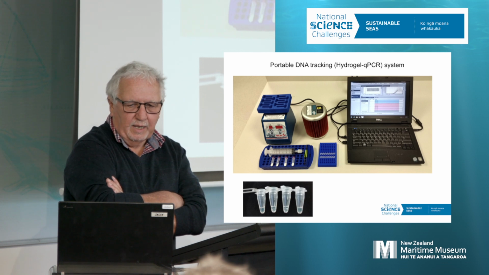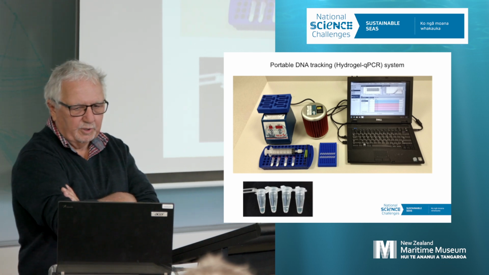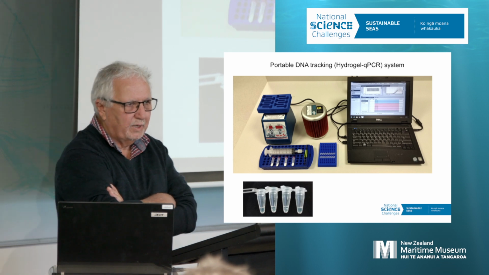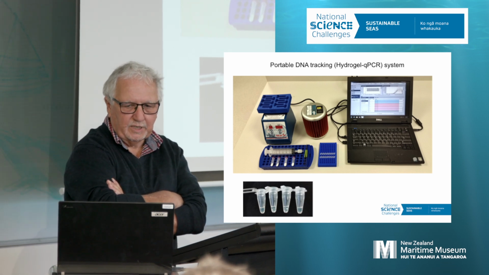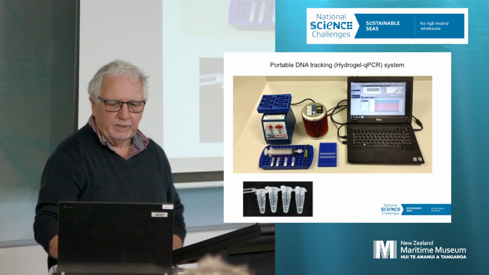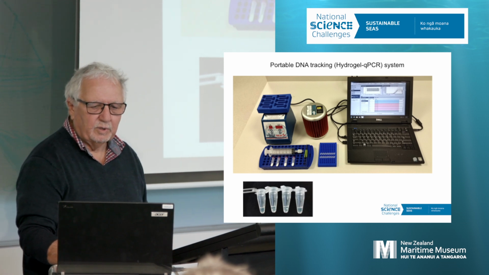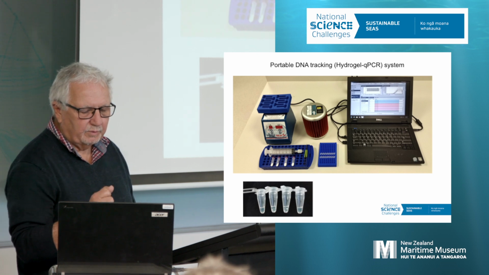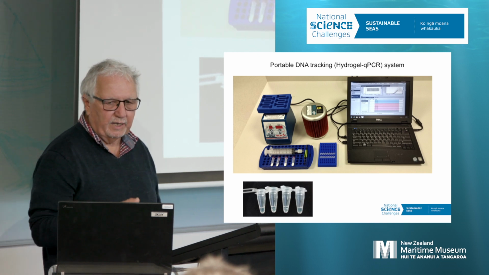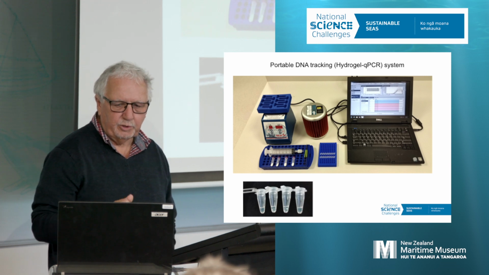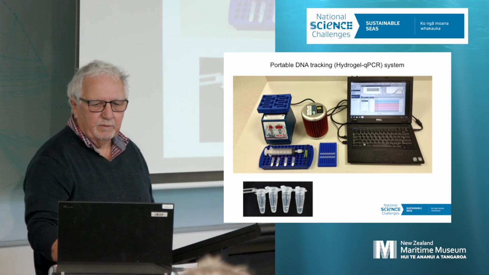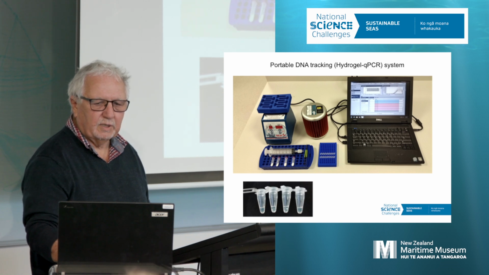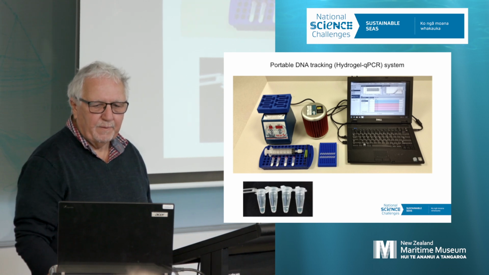This was essentially a kit produced by a Canadian company. It was originally developed for diagnosis of tropical diseases, whereby all the reagents for the reaction are contained in a gel, and all you need to do is add a crude DNA extract to the tubes and run it through the thermocycler, which is this little instrument here.